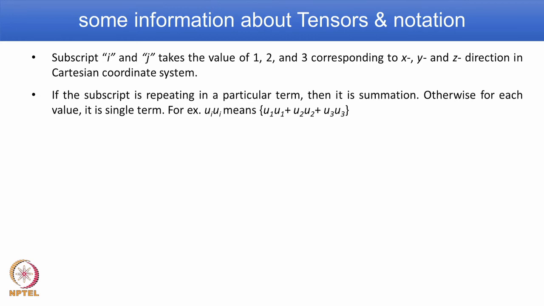As I mentioned before, i takes a value of 1, 2, 3. So, you write u_i very explicitly as u1 plus u2 plus u3. This is a short form of writing this quantity u_i.